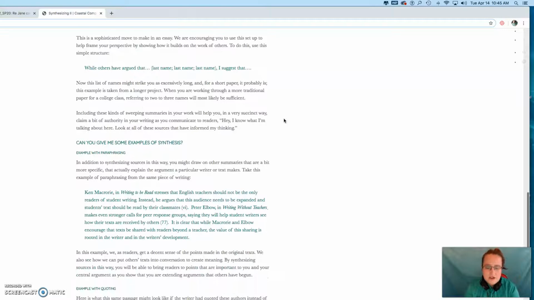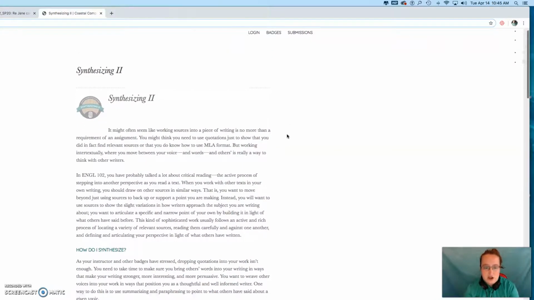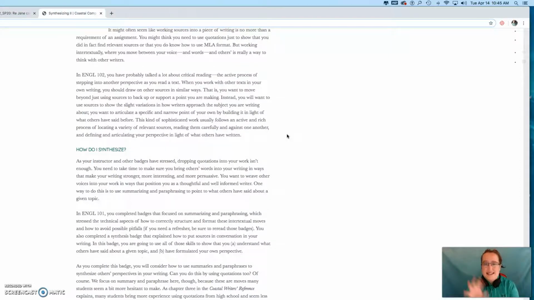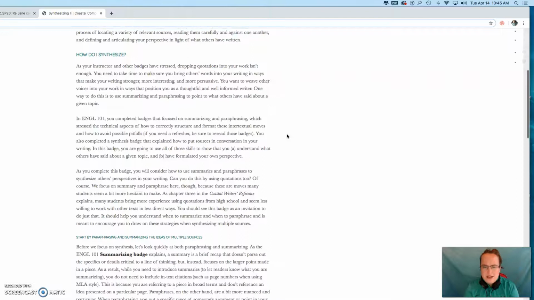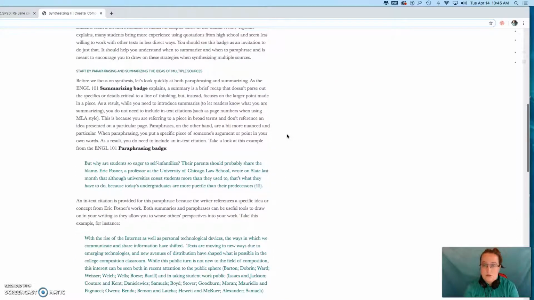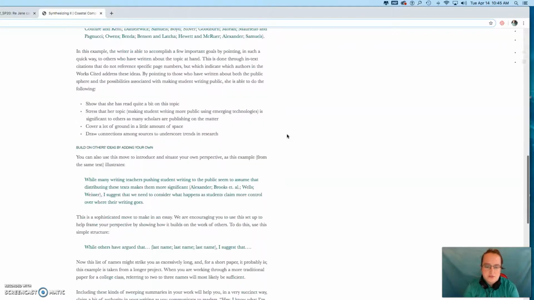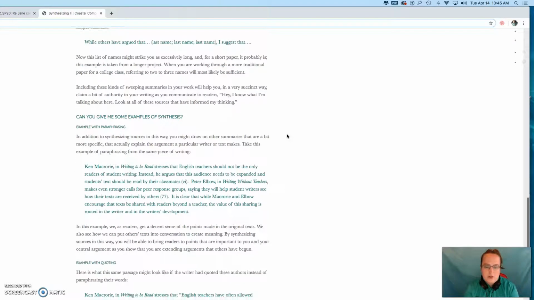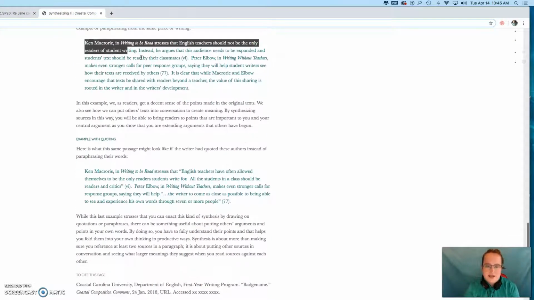So this page gives you some great information and instruction about synthesizing. It does not deal directly with our book Read Jane or even Jane Eyre, but it still shows you how to format it correctly and what we're looking for. Okay? So we're going to scroll down so we can see this right here.